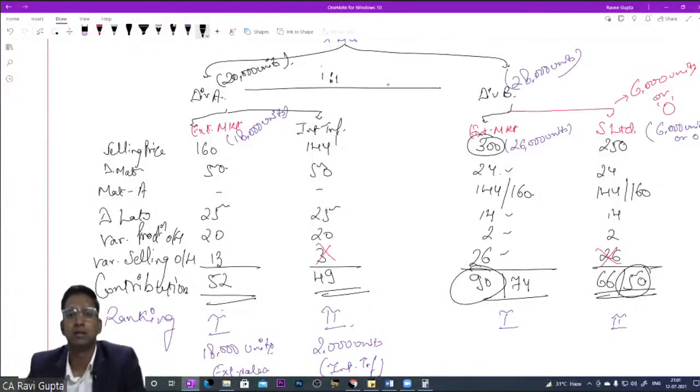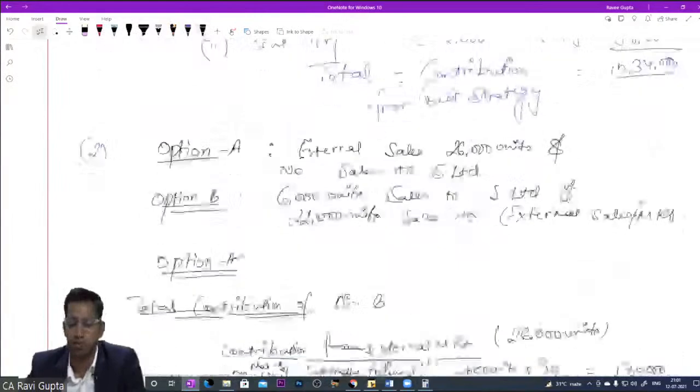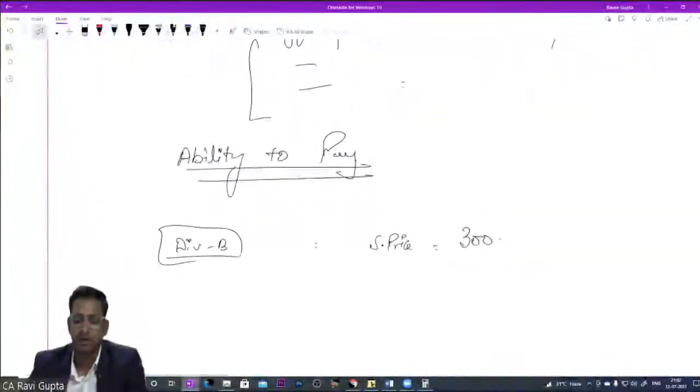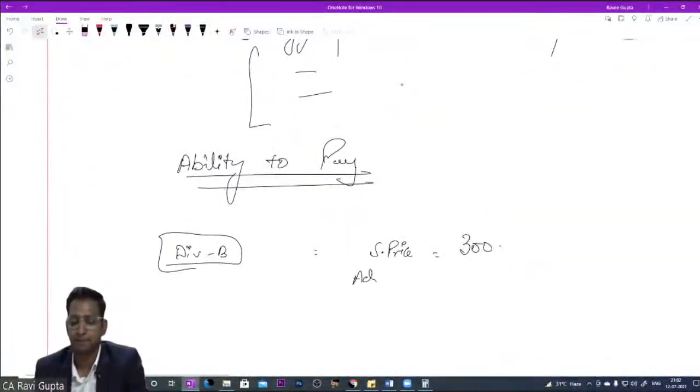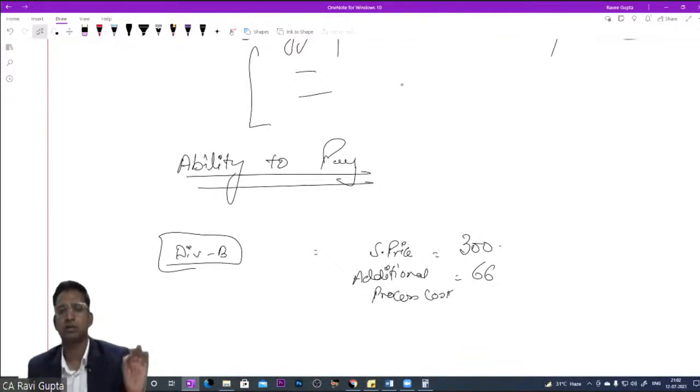This is the additional processing cost. That means this cost I am going to incur in my department, right?